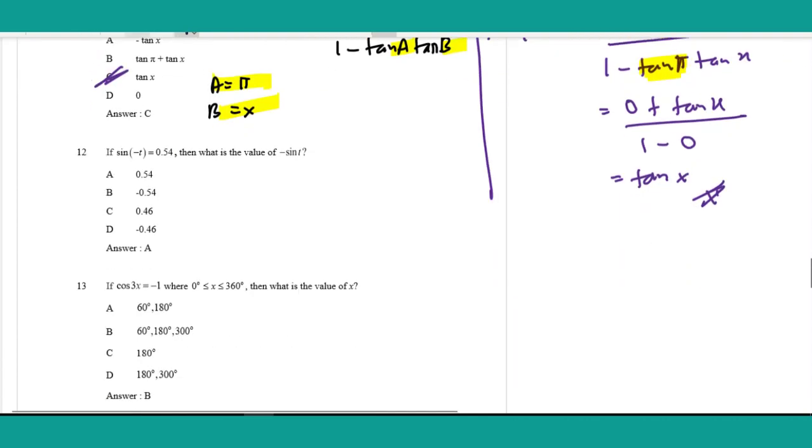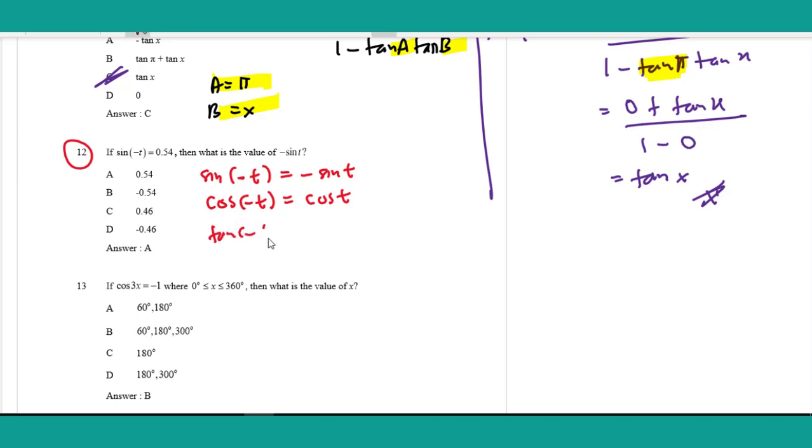Okay, for number 12, the concept is that sine of negative t is equal to negative sine t, and cos of negative t is equal to cos t, and tangent of negative t is equal to negative tangent t. Now we're going to use this. Here sine of negative t is equal to 0.54.